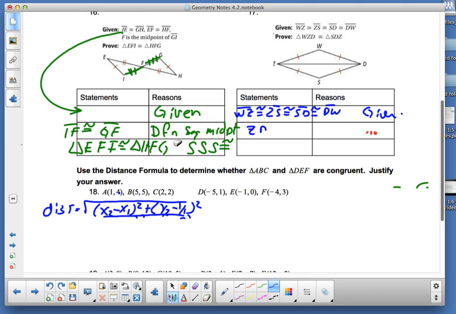Well, I know ZD is congruent to DZ because of reflexive. Now, if I relive this a little, I've got triangle WZD congruent to triangle SDZ because of side-side-side congruence.